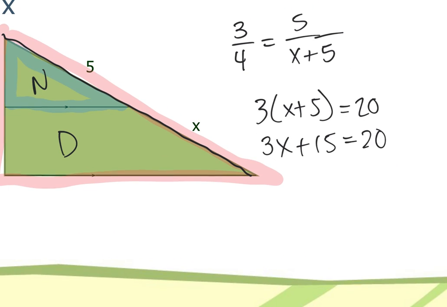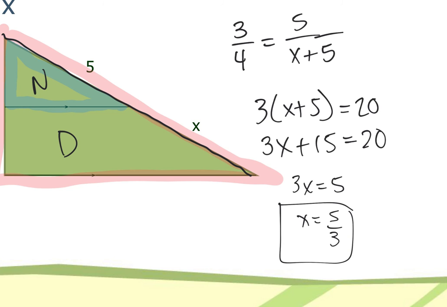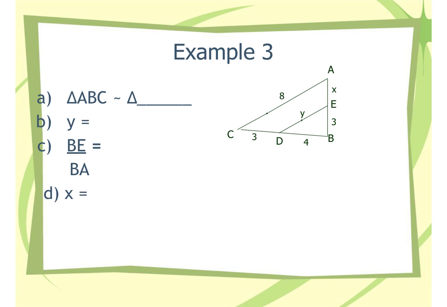Subtract 15 from both sides. You'd get 3x equals 5. Divide by 3. x equals 5 over 3. How does this apply in real life situations? Actually, a lot. Okay? Next one.